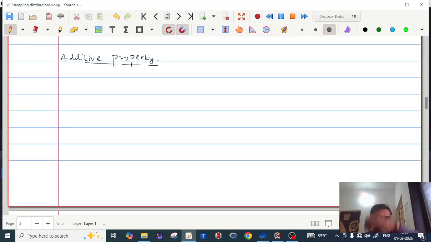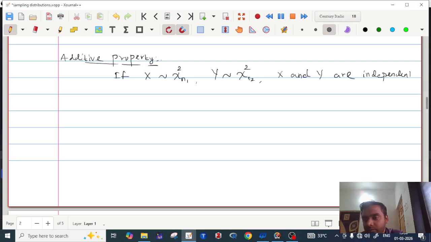The additive property statement is: if X follows chi-square with n1, Y follows chi-square with n2, and if X and Y are independent, then X plus Y follows chi-square with n1 plus n2 degrees of freedom.